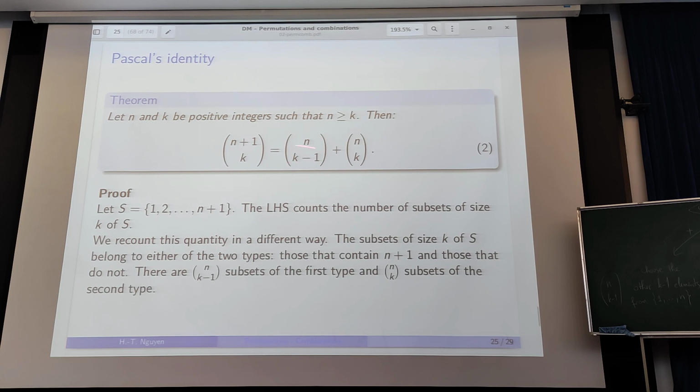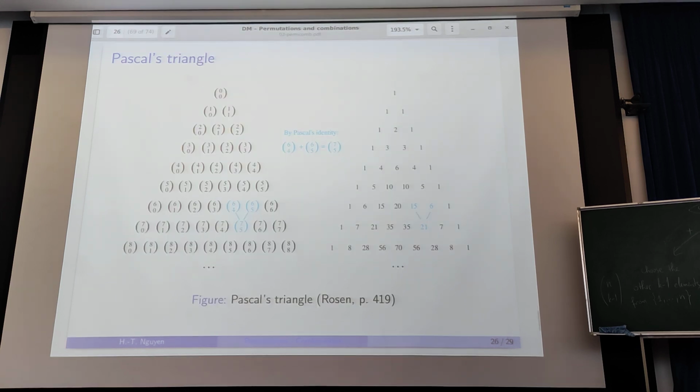And now if we use this formula, then we can get something interesting, okay? So now our triangle grows downwards, from top to bottom, okay? Here each level corresponds to one value of n. So here you have n equal to 0, here you have n equal to 1, n equal to 2, and so on.